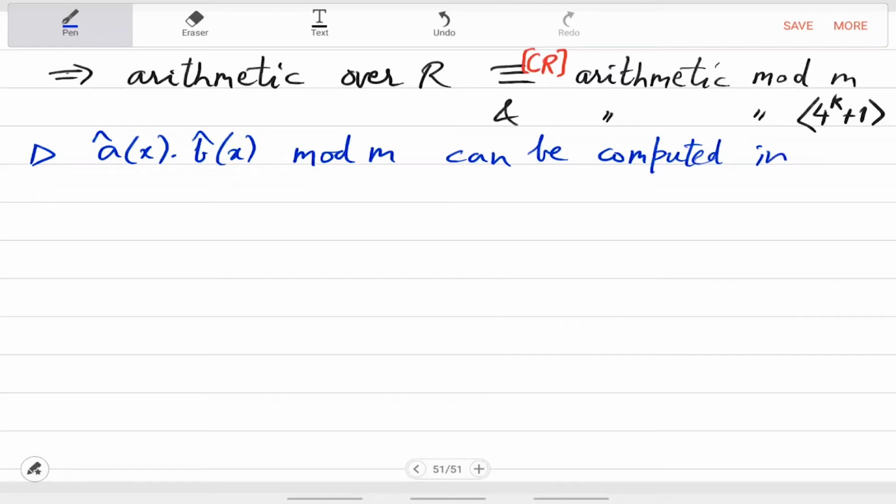So anyways, m is clearly n by 2 bits. And so the coefficients of a hat and b hat you have to multiply and divide by m to get the remainder. So even if you use brute force methods, all that will still give you quadratic in n, right? Which is much smaller than order L time.